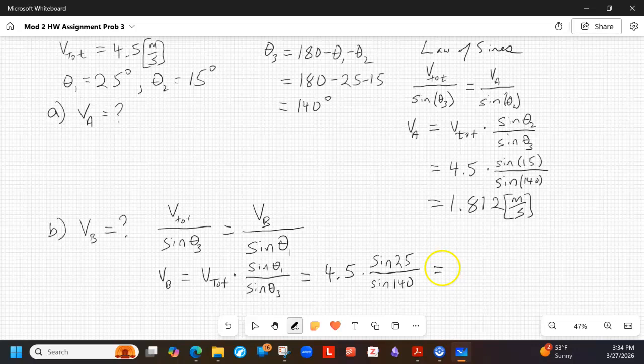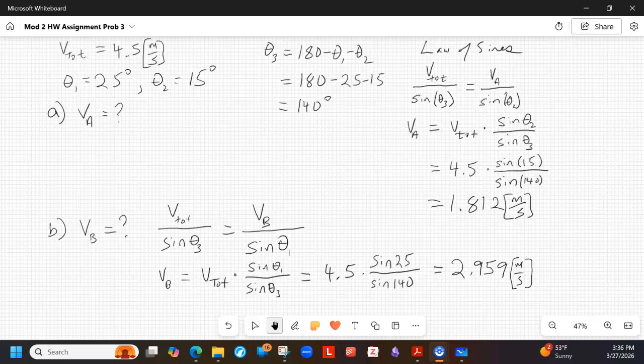Okay, so putting those numbers into my calculator, I'm getting 2.959 meters per second. For the computer grading, you would want 2 digits to the right of the decimal point, but I keep an extra one throughout the calculation just to make sure I'm getting enough digits. Okay, and so that would take care of that particular problem.